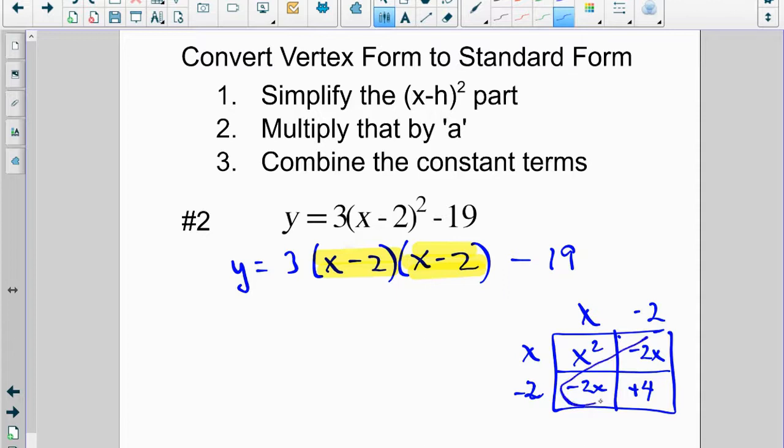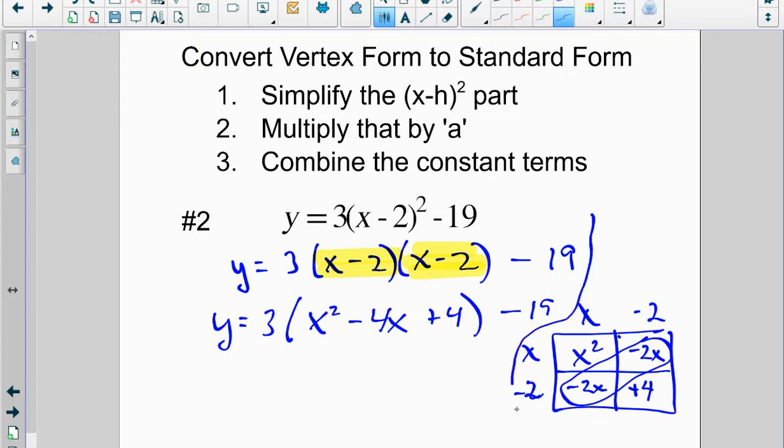So when I add that all together to get my total area, I have x squared minus 4x, since 2x and 2x make minus 4x, and then plus 4. And then I have to bring down that minus 19 at the end.